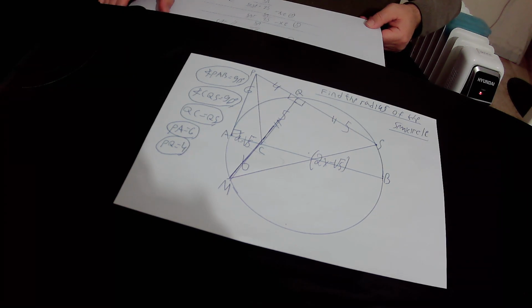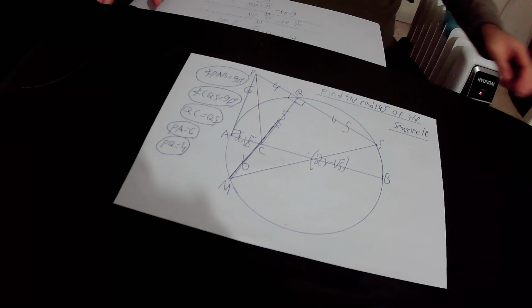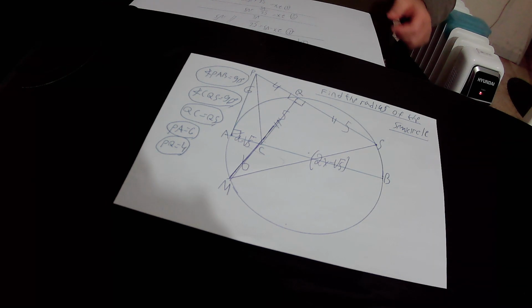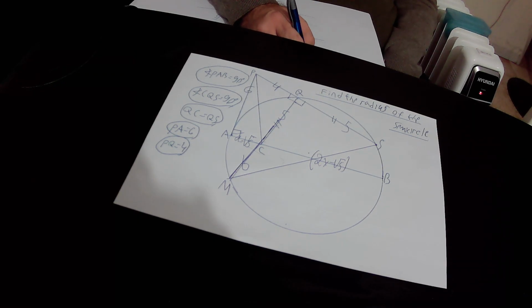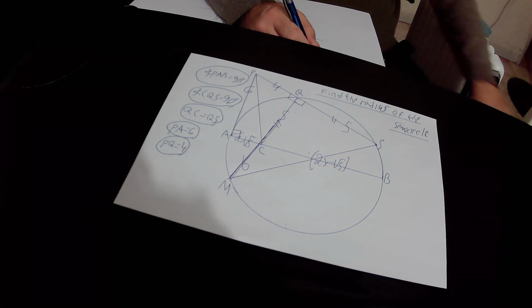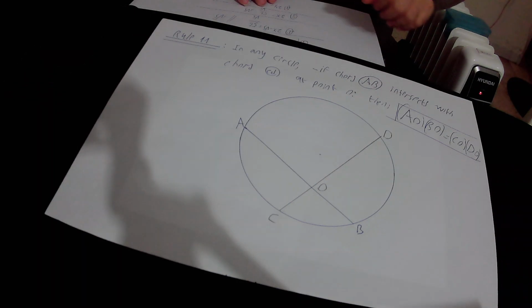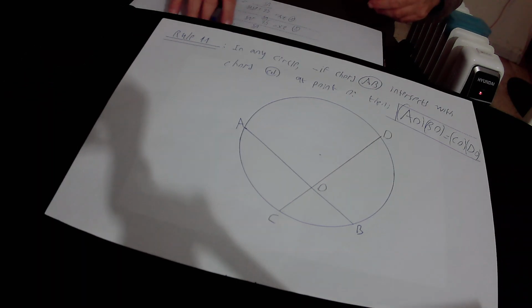Then I presented to you rule number 11, and we implemented rule number 11 in our drawing. Rule number 11 talks about two chords that intersect with each other inside the circle.